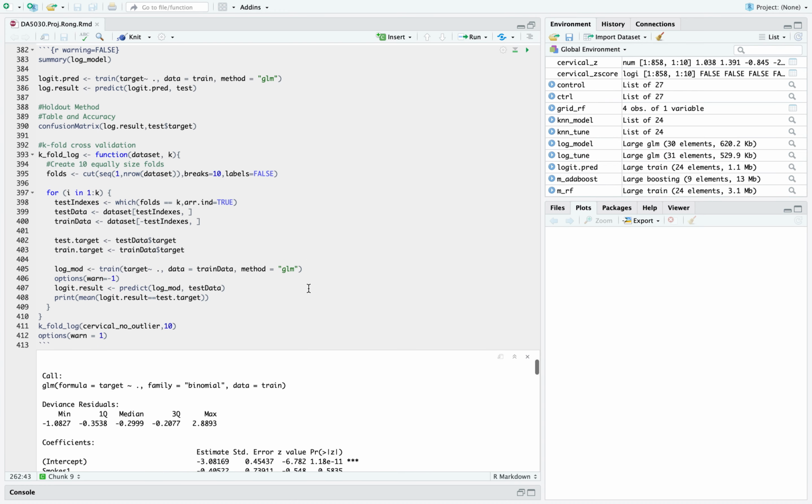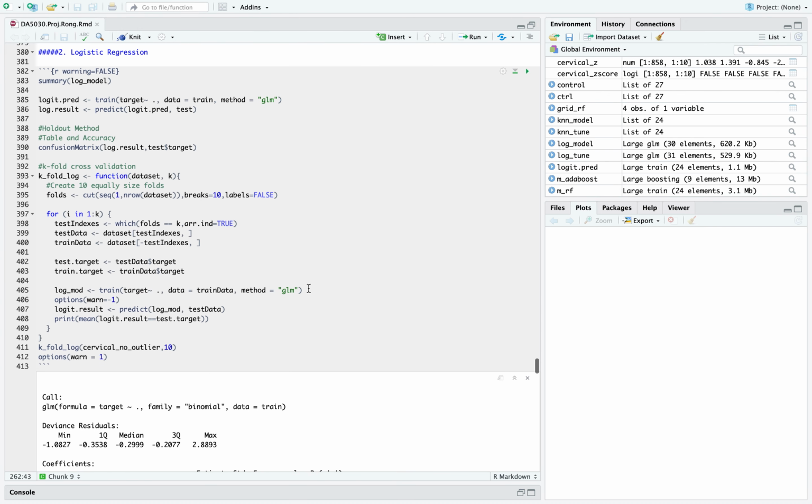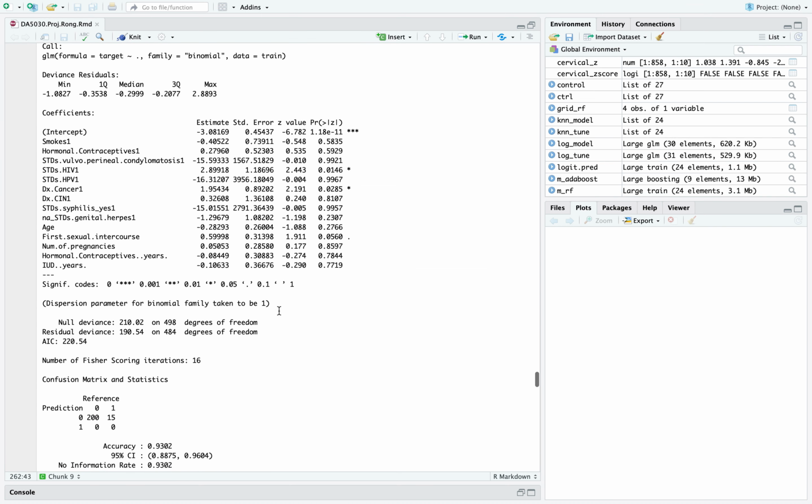Just like in the logistic regression model, we can see that DS cancer and DS HIV are pretty significant here.